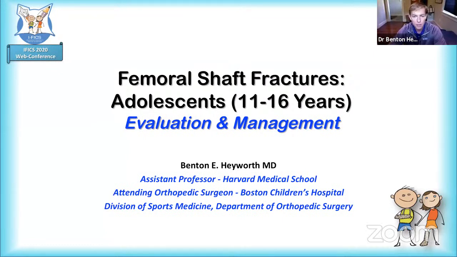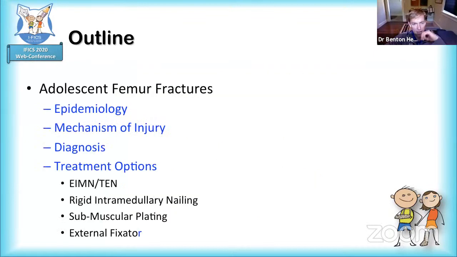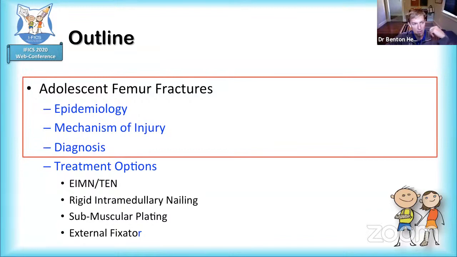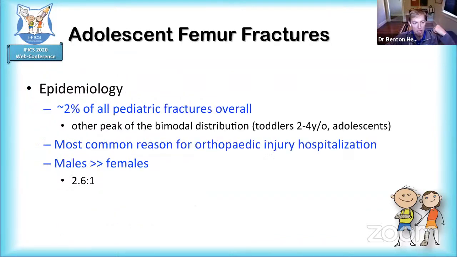So moving on to the older age group in children, the 11 or 12 to 16 to 18-year-olds: femoral shaft fractures in adolescence. Again, as an outline, we'll discuss some of the background, epidemiology, mechanism of injury and diagnosis, and then the treatment options.